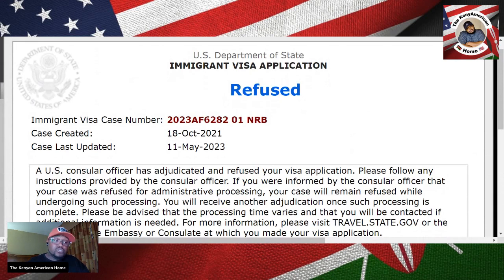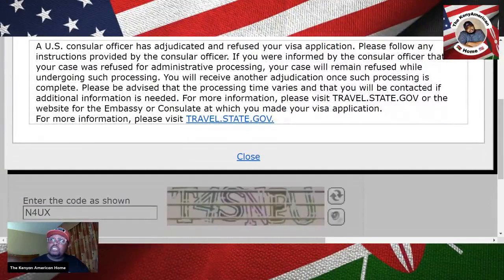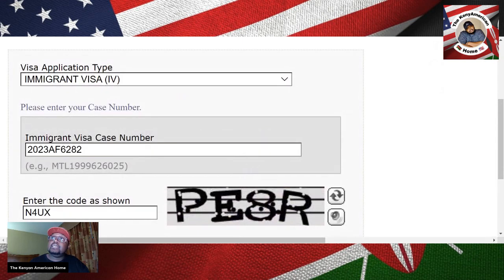All right, so this is a case in Nairobi, 6,282. It was refused, but this one, they were given a yellow sheet. What happens is, this is called a 221G. 221G means that there is information that is still needed that you did not have when you went for your interview.